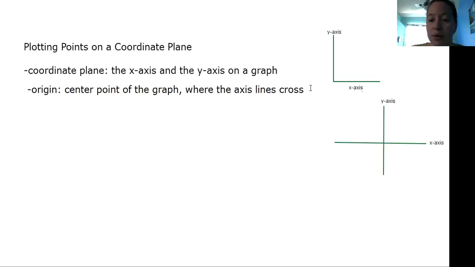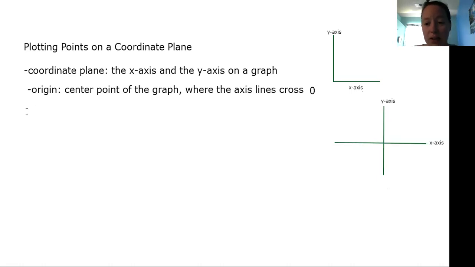It is also the number 0. That's where the 0 is. Now, when we go up, it is positive. When we go over to the right, it is positive. When we go over to the left, it is negative, and when we go down, it is negative. So we have our positive numbers and our negative numbers going on.